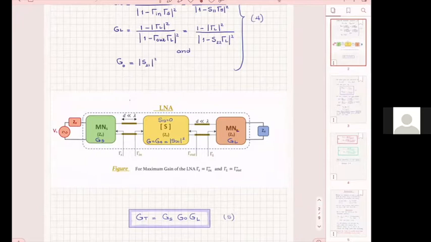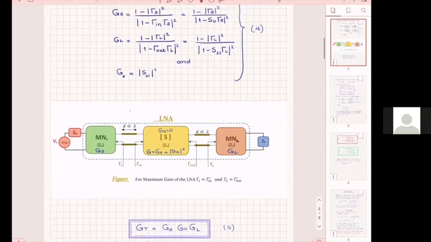Let's assume you got this one, and everything else has been set for you. You set your expectations for design. And now you have already specified how much your gamma L and gamma S will be, your gamma in and gamma out. Let's assume that you have designed that. You have decided how much those will be.